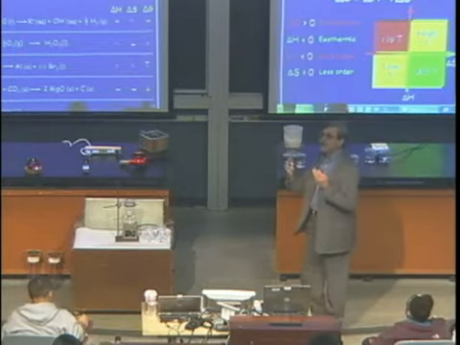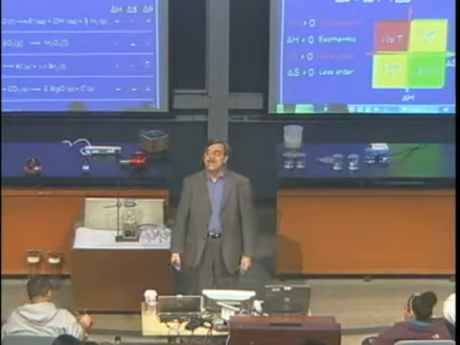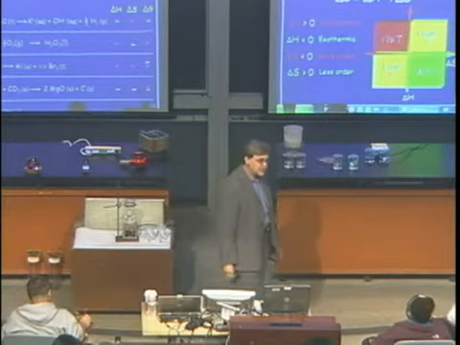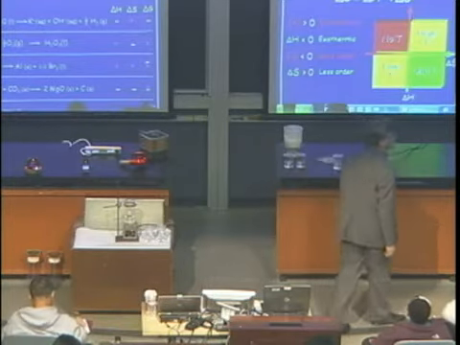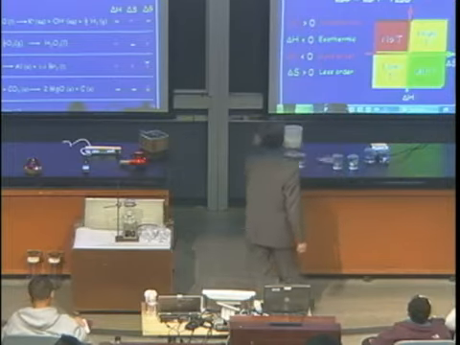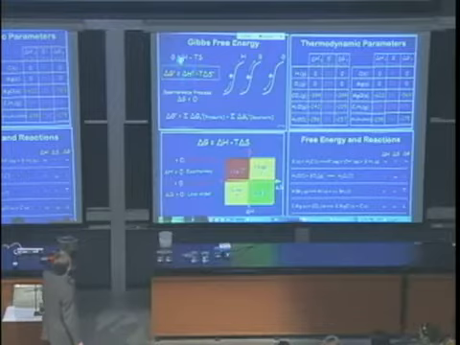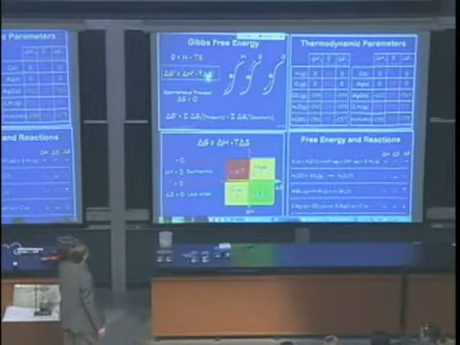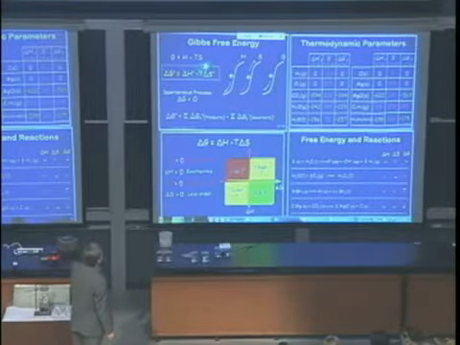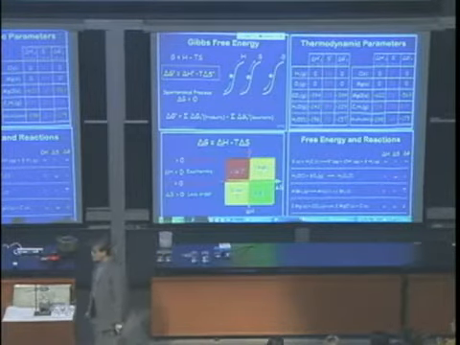So you calculate the Gibbs free energy from the change in enthalpy at this temperature and the change in entropy at that temperature. So with this, the change in free energy at standard conditions is delta H at standard conditions, the change in enthalpy at standard conditions, minus the temperature multiplied with the change in entropy at standard conditions.